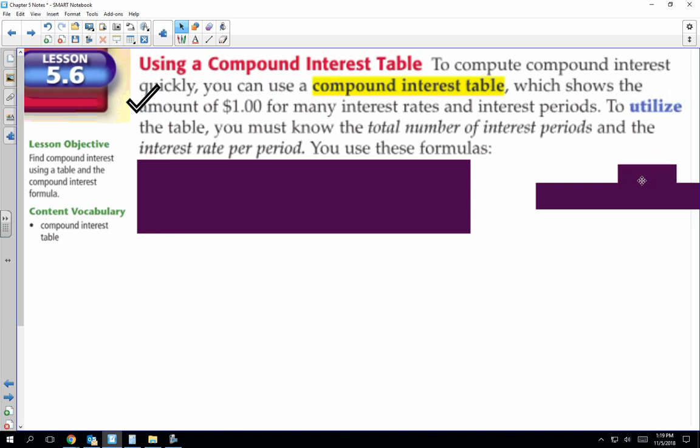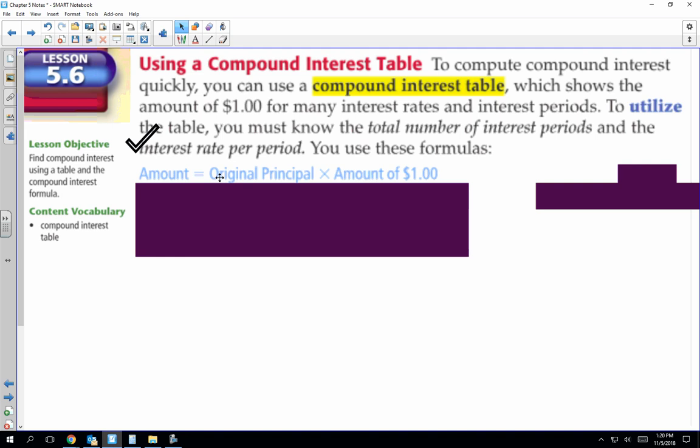To utilize the table, you must know the total number of interest periods and the interest rate per period. Use these formulas. So we're going to take the amount in our account is the original principal times the amount of $1 at that interest rate and period. This is from the table.